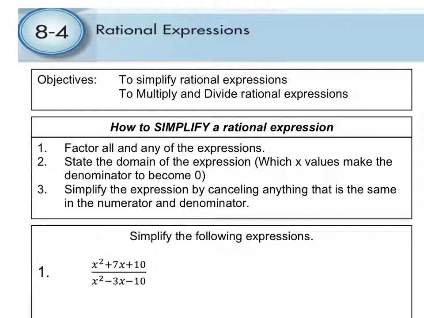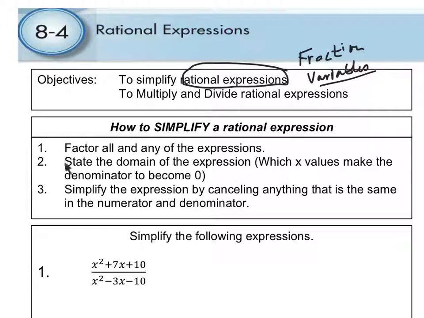Simply put, a rational expression is simply a fraction with variables. And what we're going to do today is just simplify these. We're not doing any multiplying, dividing, we're just simplifying. So how do we simplify a rational expression?